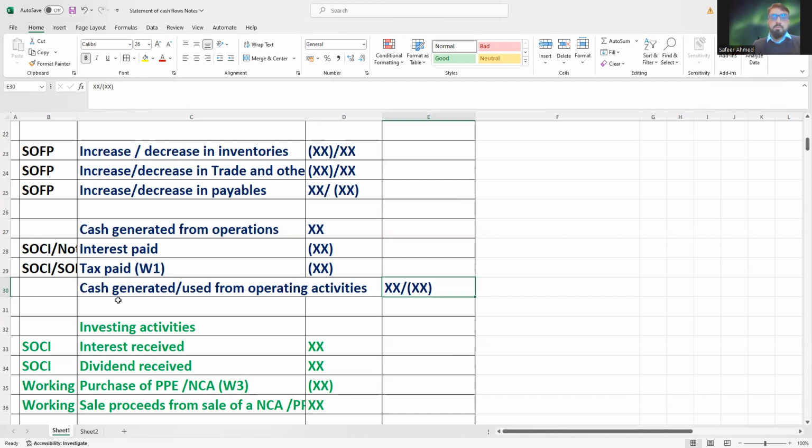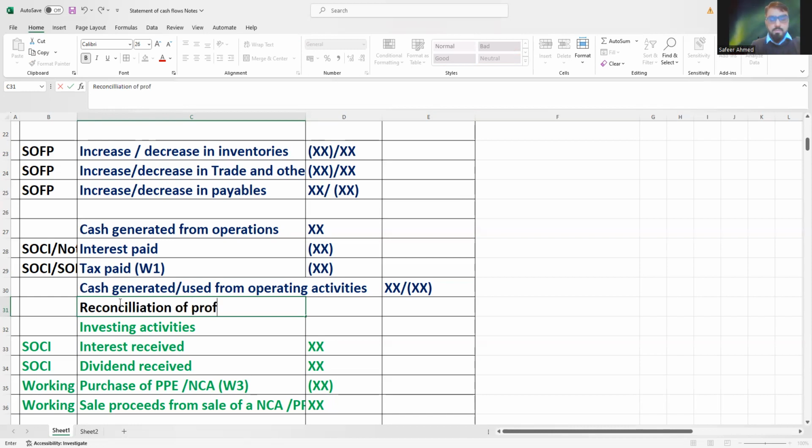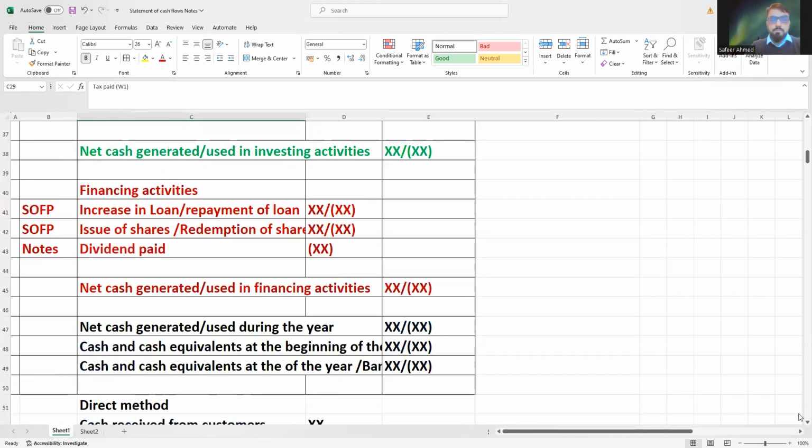This is also known as reconciliation of profit to cash, so from your income statement to cash, basically. Now let me show you the tax paid working. How do we work that out?